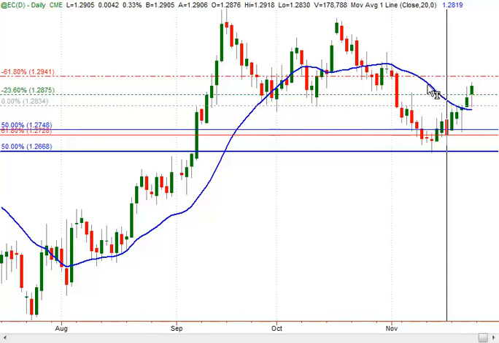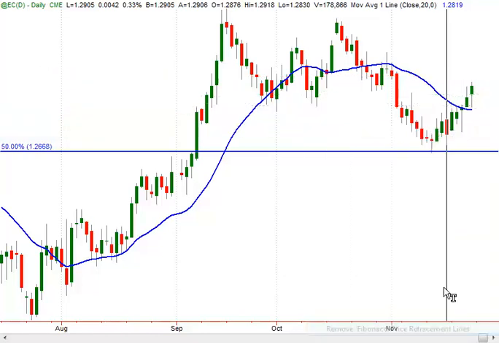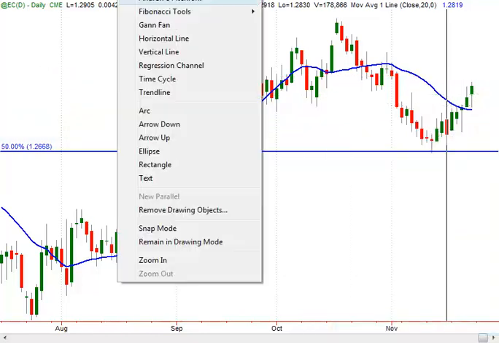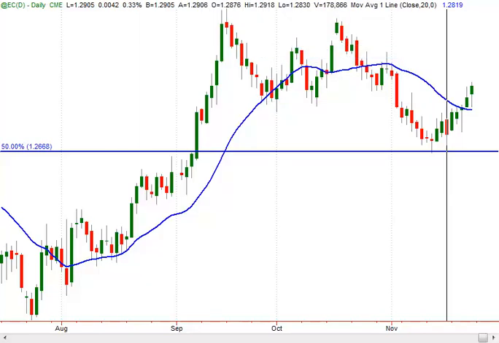So at the moment we still have two scenarios open. The first scenario is that we get to 129.40. And the second scenario is that we get a larger retracement, and we have two options.